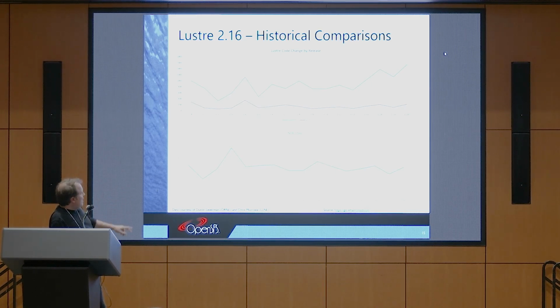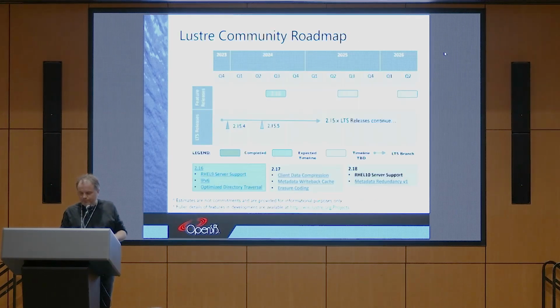Again, 2.16 is on the right, and it's kind of middle of the pack, and again you see the spike for 2.4 way ahead of everything else. I think that's reasonable to expect: lots of smaller changes, lower risk, but still providing some value.